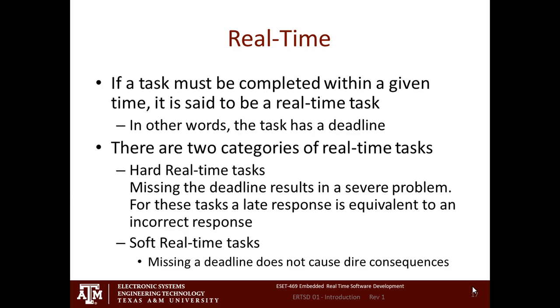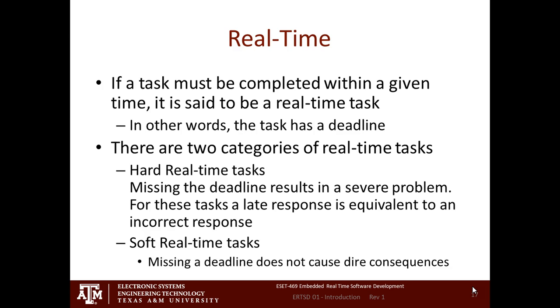The task associated with anti-lock braking is a hard real-time task, because if it is supposed to apply pressure to the brake pad and it doesn't happen on time, you go crashing into the light pole. So that's a hard real-time task.